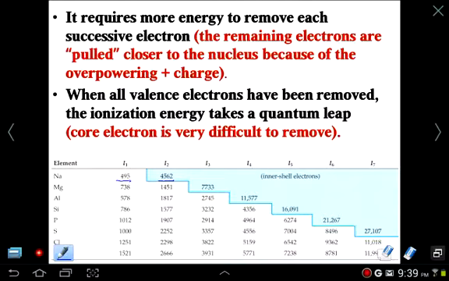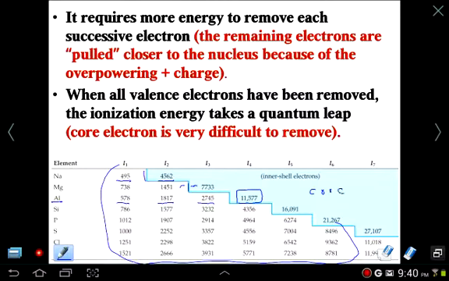If you look at aluminum, aluminum is 578 up to 1817, 2745, and then all of a sudden you have a huge jump to 11,000. What they're showing you here in this stair-step configuration is when you go from the white to the blue, you're removing a core electron. So all of these are actually outer electrons, and then these are your core electrons.